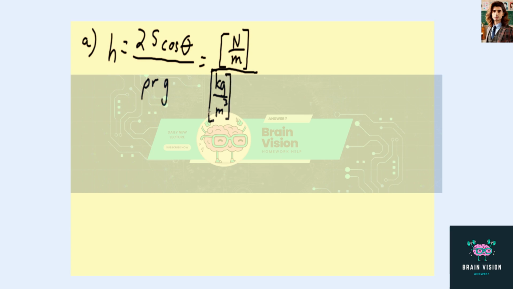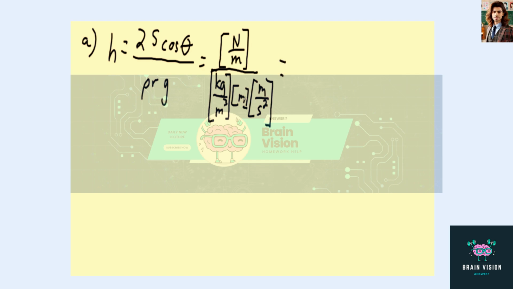And r is meters. And g is meters per second squared. And now we just have to simplify this.